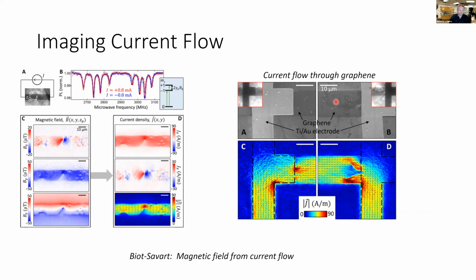So what these people did was, sorry, there's a lot of information on this figure here, but you can see here, this gray area is a sheet of graphene. I don't know if you know what graphene is. It's a single sheet of graphite, right? It's one atomic layer thick of carbons bonded in a hexagonal pattern.